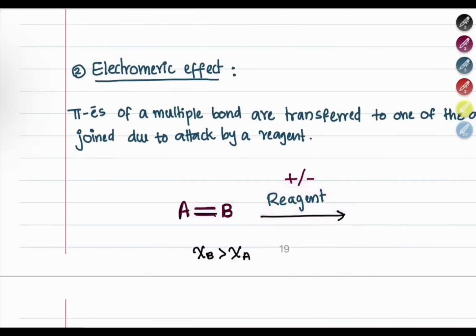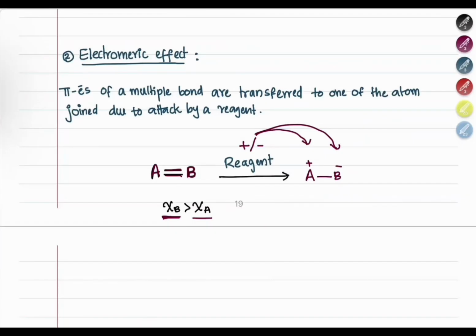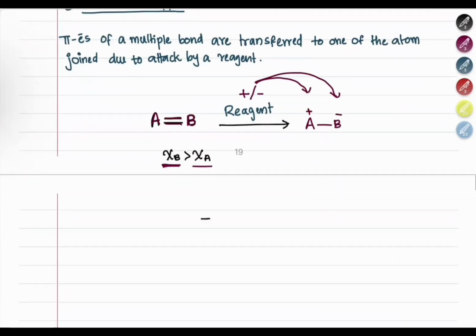Since the electronegativity of B is higher, this bond will break towards B, so you'll get a positive charge on atom A and a negative charge on atom B. According to the reagent, whether it is plus or minus, it will react with either A or B. So just like the inductive effect and resonance effect, the electromeric effect is also of 2 types.